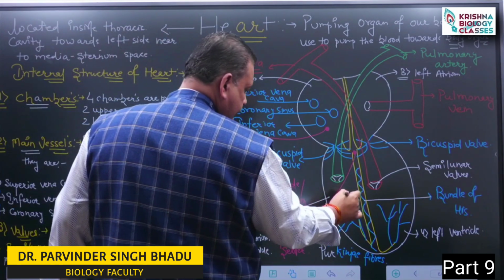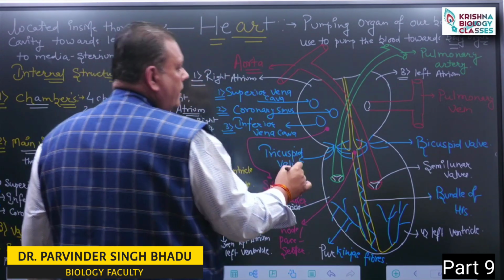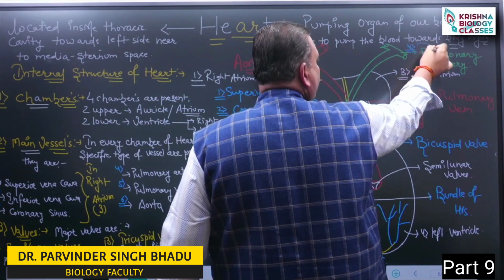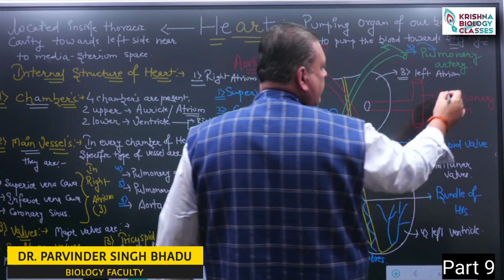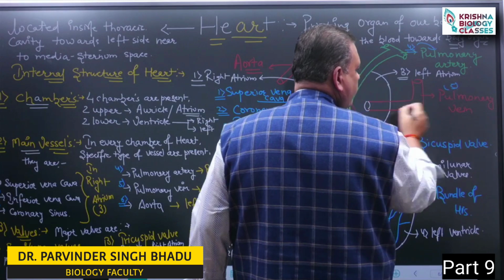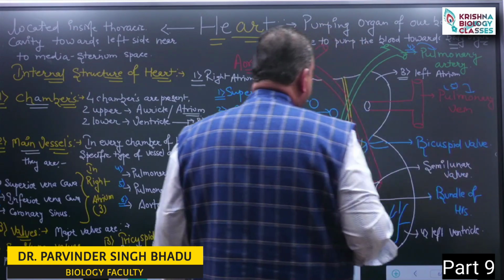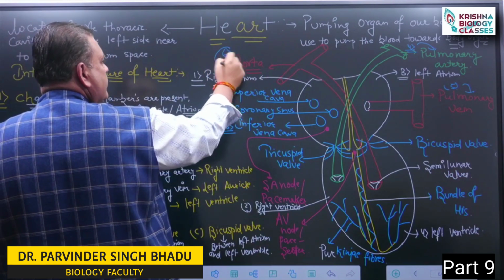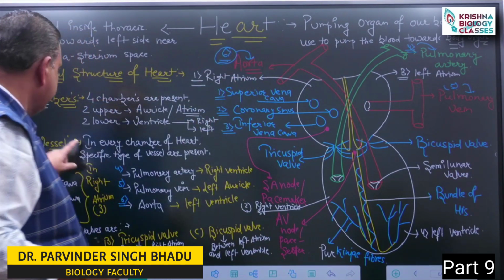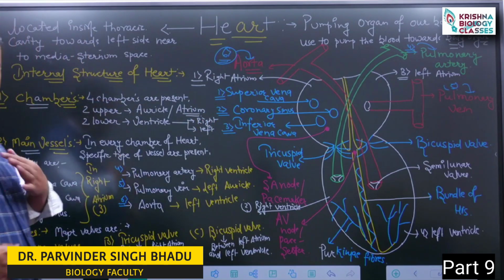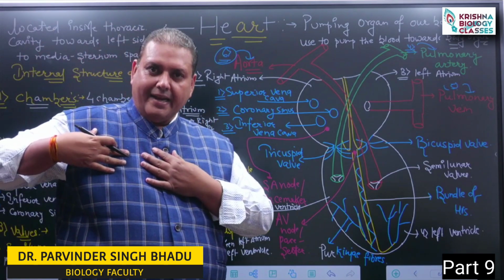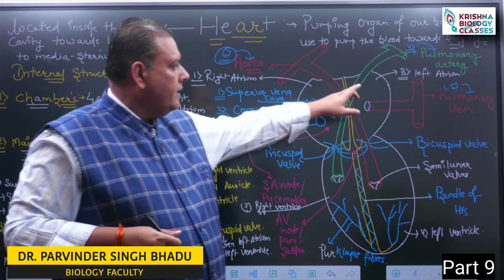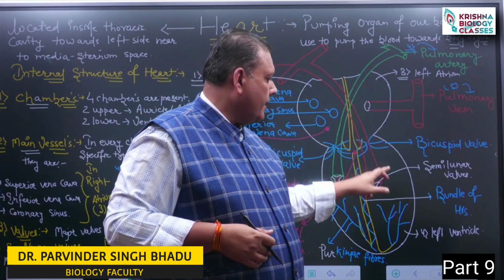In our right ventricle, the pulmonary artery is present. In the left auricle, the pulmonary vein is present, and in the left ventricle, the aorta is present. So there are 6 different types of vessels: 3 in the right atrium and 1 in each of the other chambers.